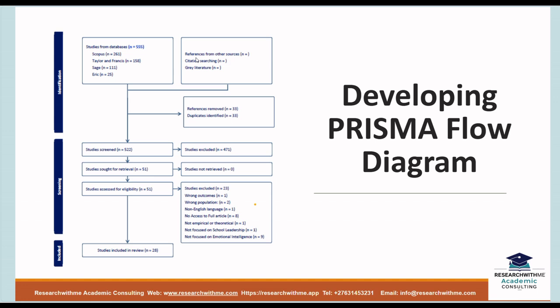So the flow diagram is an explanation of how you came about the number of articles that you finally included and reviewed in that study. This, what we have on the screen, I have explained it twice. So, I believe it should be clear by now.